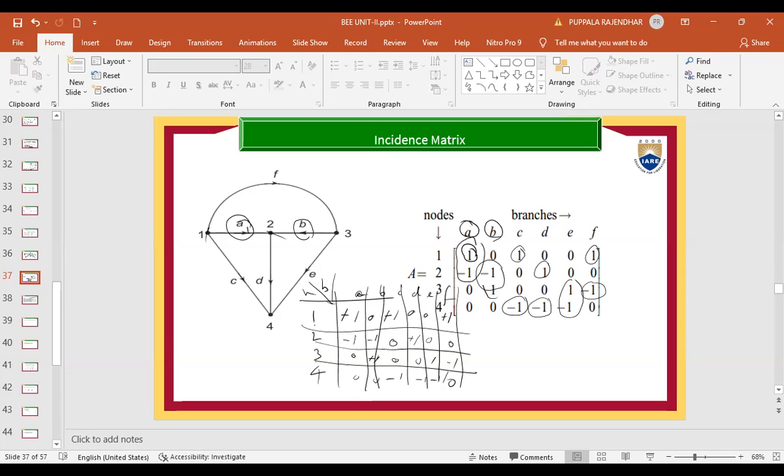So there we are getting the non-zero entries here. C is connected between 1 and 4. So in this D, 2 and 4. Sorry, D is connected between 2 and 4. So every branch is connected between any 2 nodes. So this will identify at which nodes this branch is connected, right?